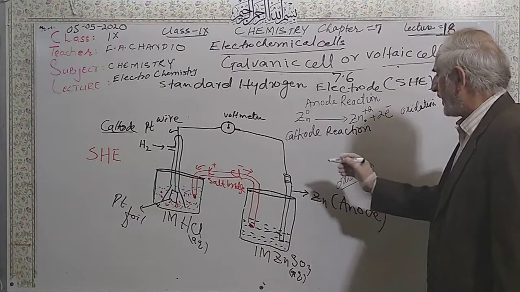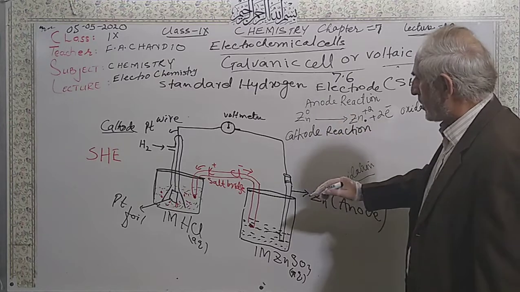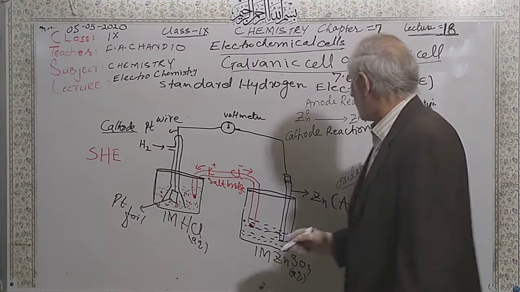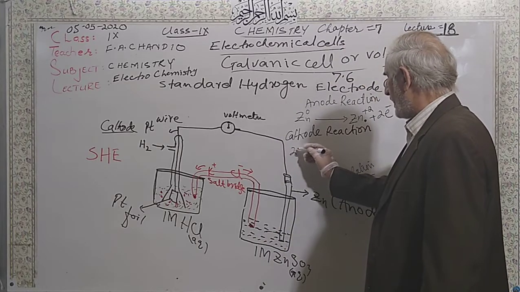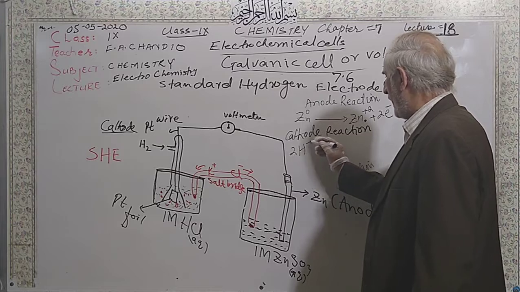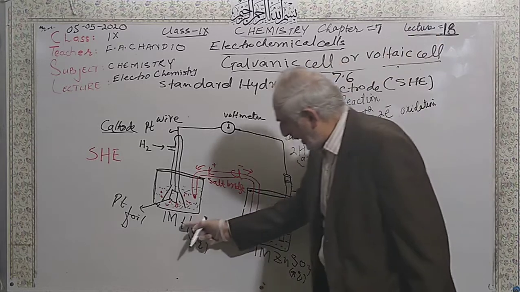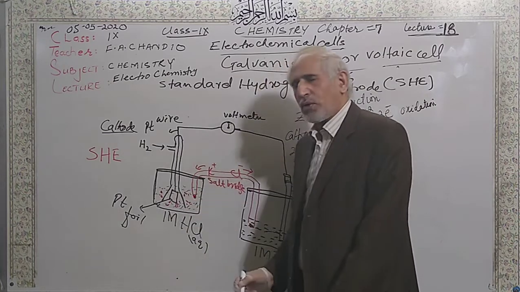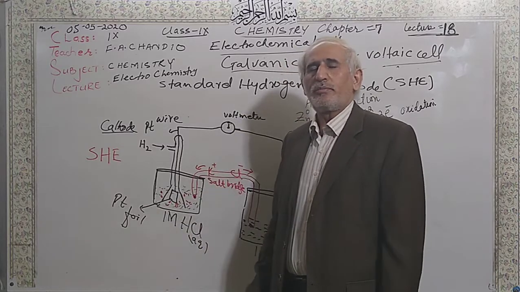In cathode reaction, because zinc is going to be oxidized, the standard hydrogen electrode will be reduced, a decrease in oxidation number. It means that the hydrogen ions in aqueous solution are going to form hydrogen gas. Bubbles of hydrogen gas come out.